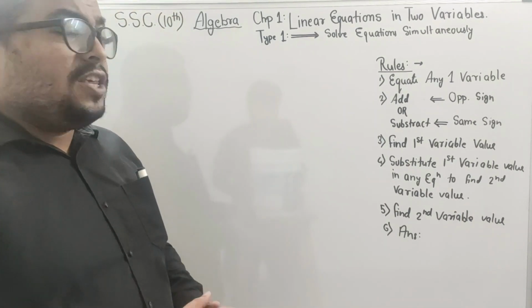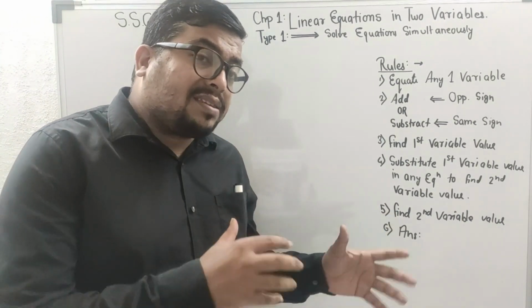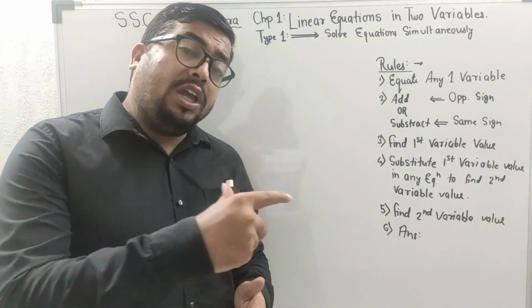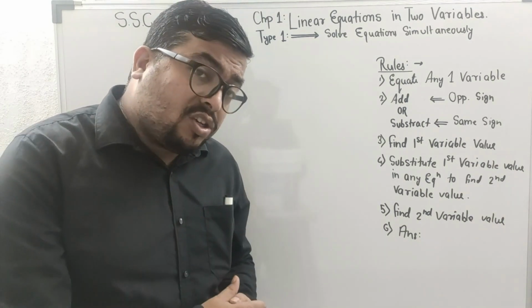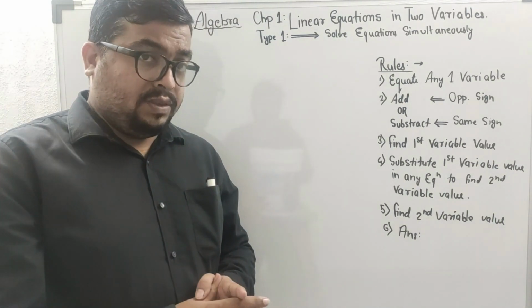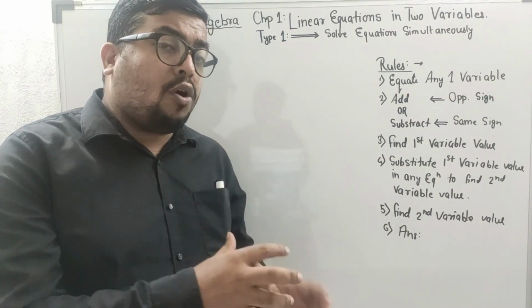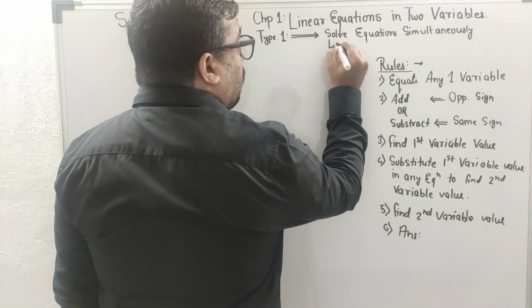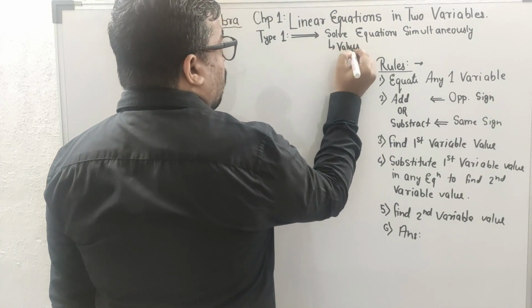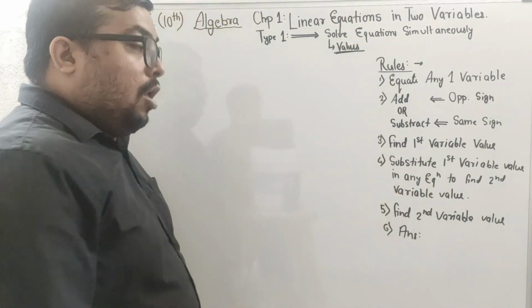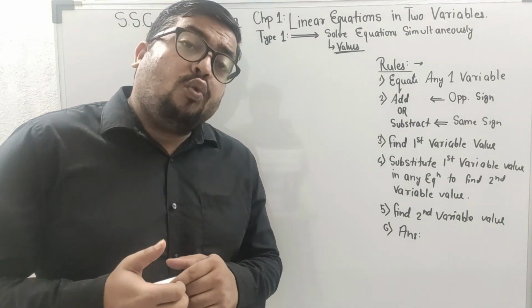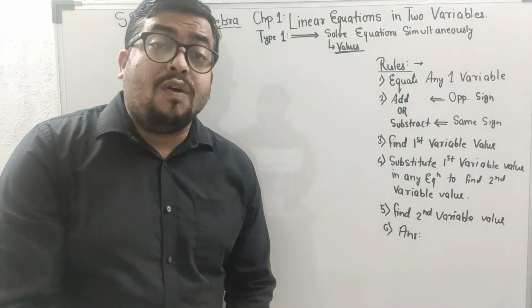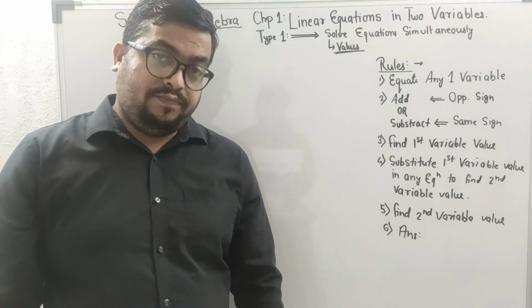Now please pay attention. In this type, you will have two equations, and we have to solve them. The meaning of solving is to find out values of the variable.